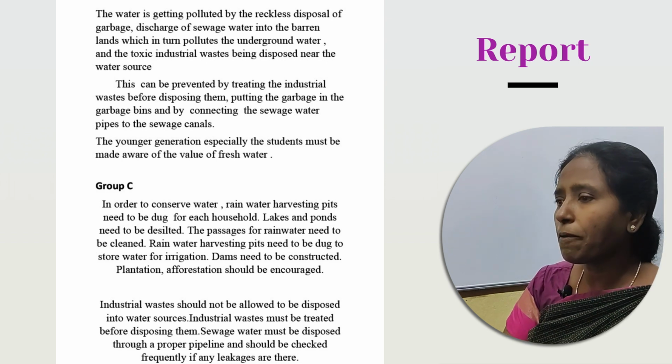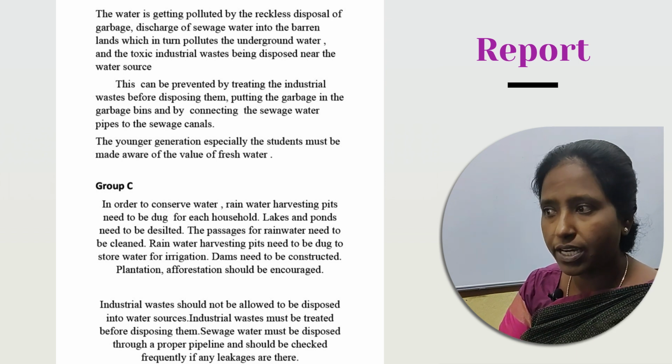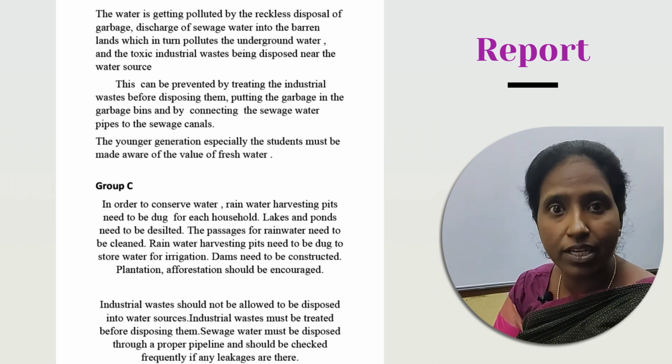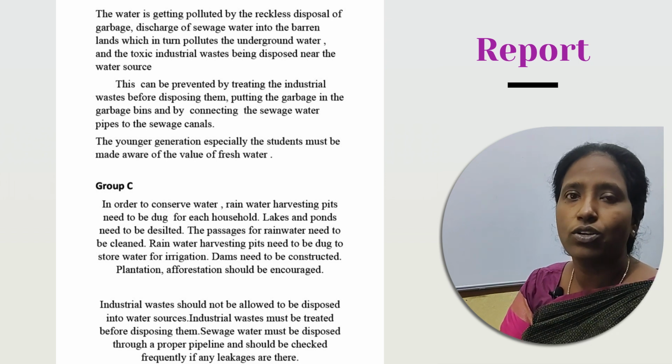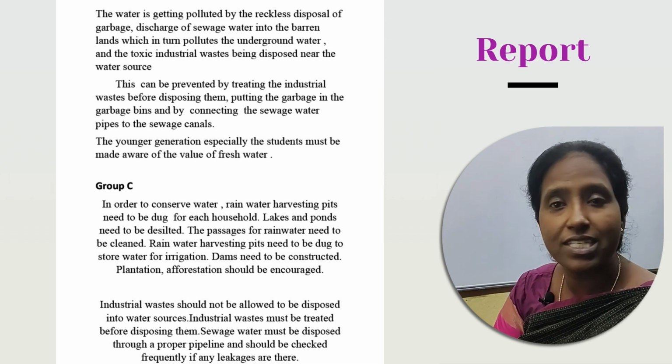Group C. In order to conserve water, rainwater harvesting pits need to be dug for each household. It should be made compulsory for each building or construction to dig a rainwater harvesting pit. Lakes and ponds need to be desilted.